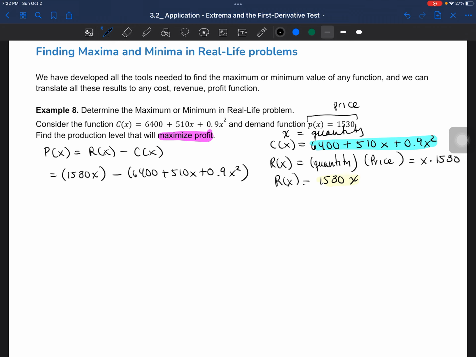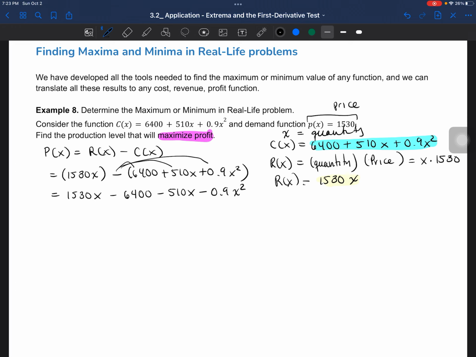Of course, we have to put parentheses every time you replace a function with its expression, every time you do a direct substitution. That's going to save you from silly mistakes, like forgetting to distribute that minus to every single term. So we have 1530x minus 6400 minus 510 times x plus 0.9 x squared. Oops, that's a minus.